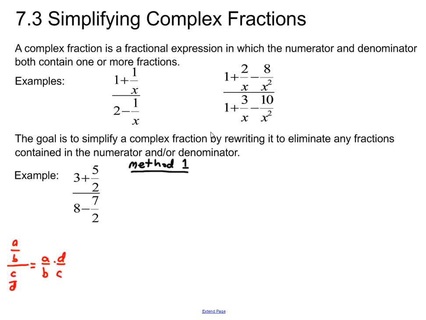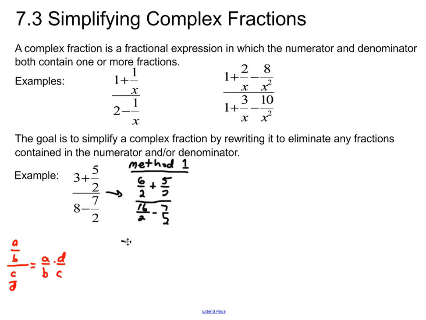All right, so let's just do that with this one so we see it in action. If I have my fraction 3 plus 5 halves, I've got to get a common denominator. So I'm going to make it 6 over 2 to replace the 3, plus 5 over 2 in the numerator. And in the denominator, I have 8 over 1, so I'm going to make that 16 over 2 minus 7 over 2.